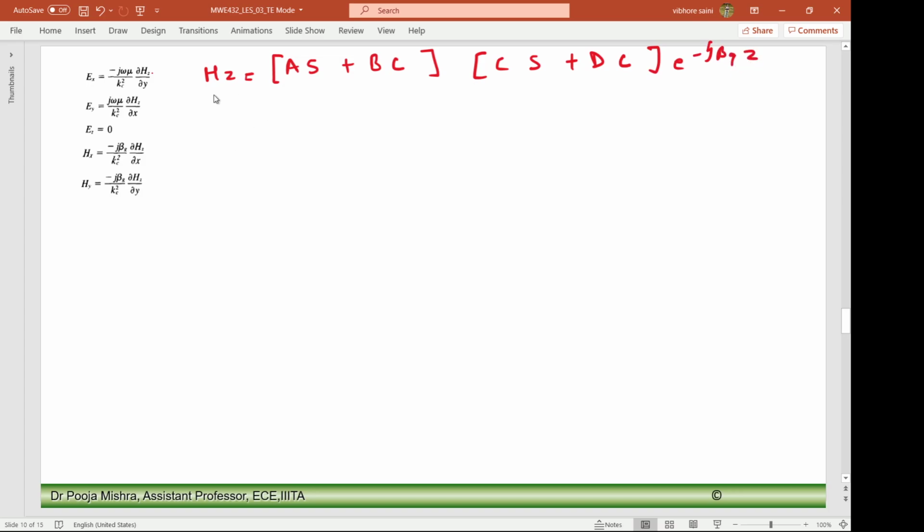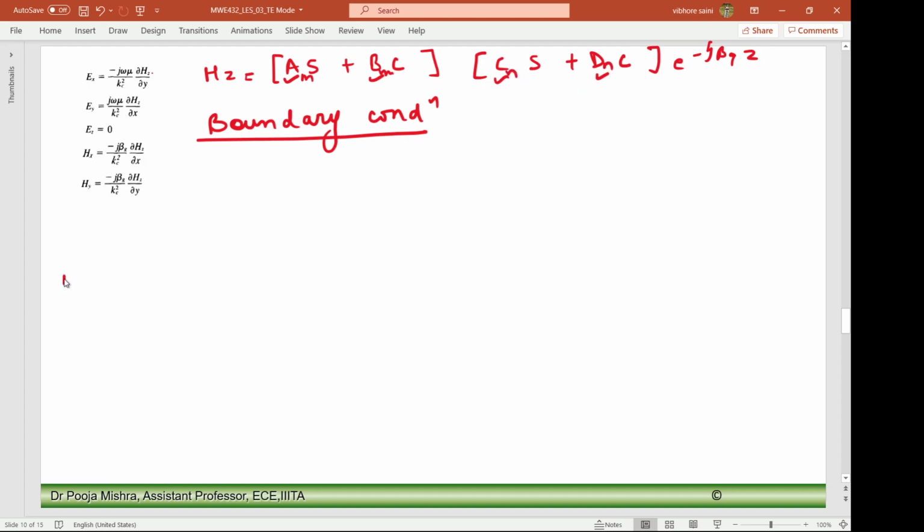This equation we already know. So how will we get the actual solution? First we'll apply the boundary conditions in order to obtain the values of A, B, C and D. These are actually Am, Bm, Cn and Dl.